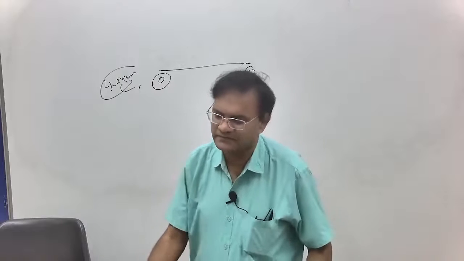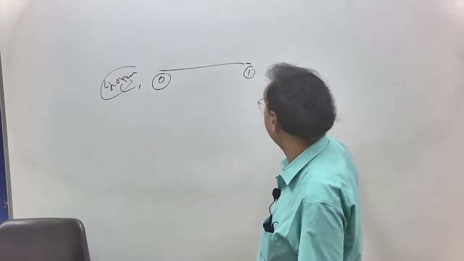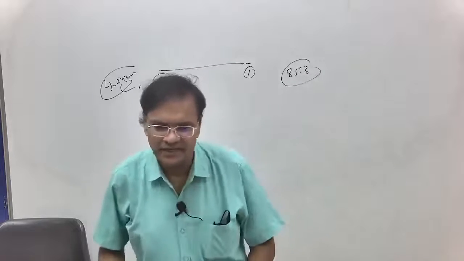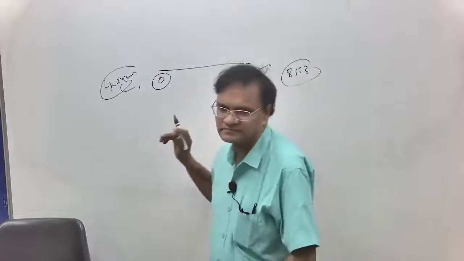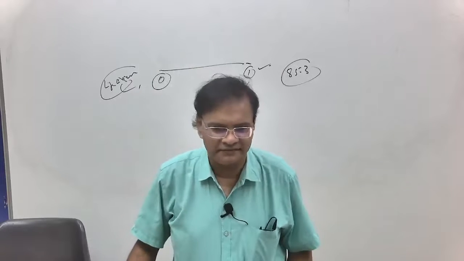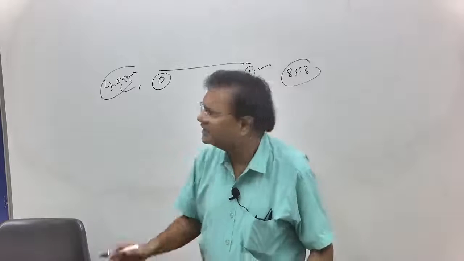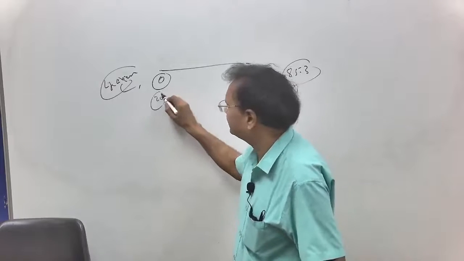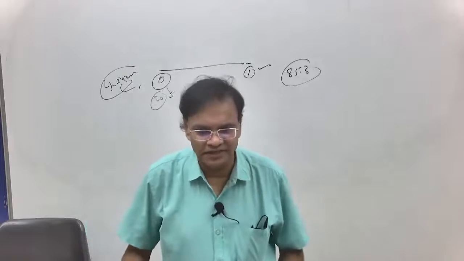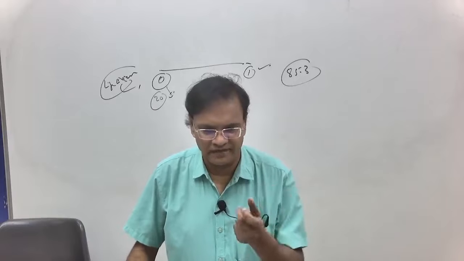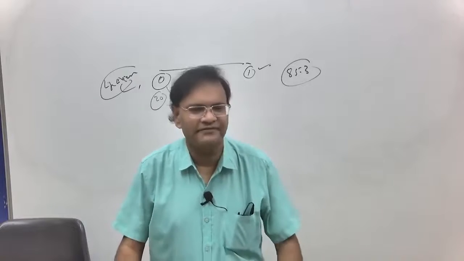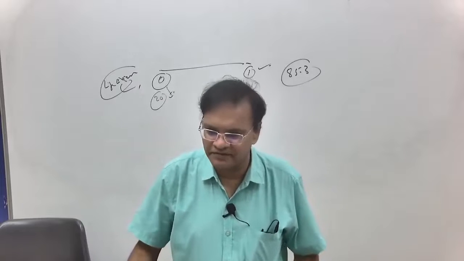If life expectancy is 85.3, that is 85 years and 3 months, it is considered as 1. That means a complete life. And if it is 20, it is considered as 0. If you die before you reach the age of 20, that is how it is calculated on a scale of 0 to 1. In case of life expectancy, full life means 85 years 3 months.